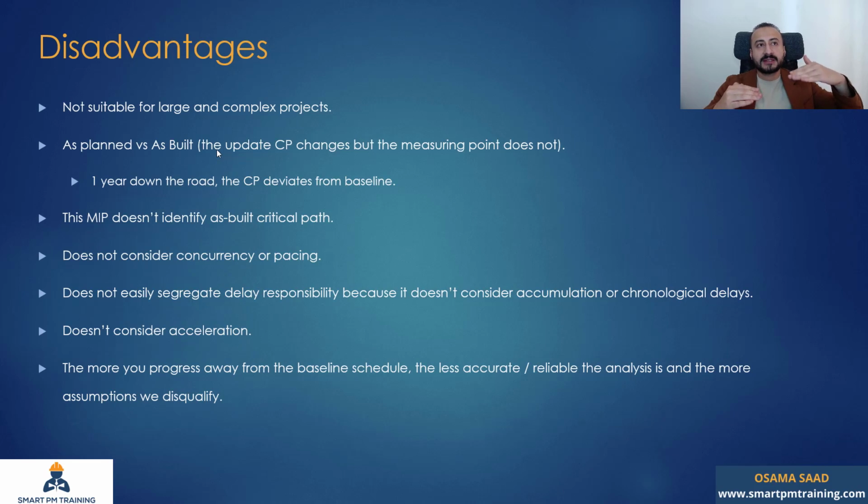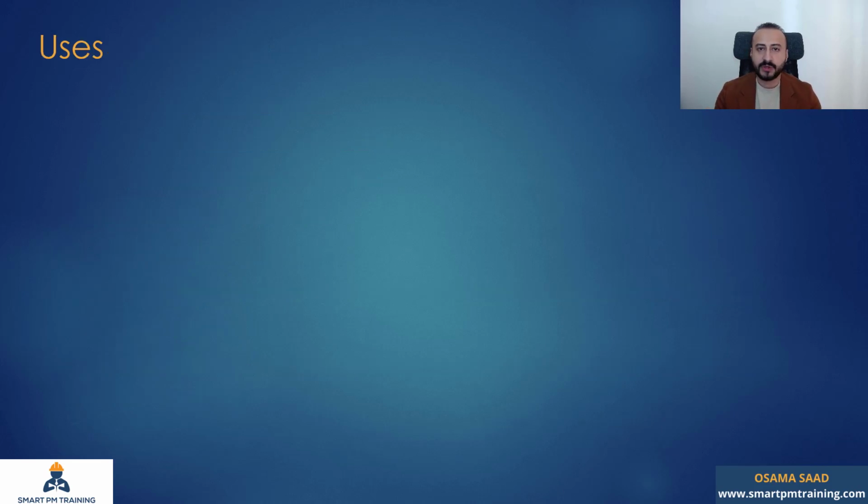Or maybe in the actual situation, you can start both activities overlapping, which should have been start to start, but in your baseline, you assume finish to start. So there are many assumptions that we will disqualify the more we progress away from the baseline. The as-planned versus as-built 3.1 does not consider that because you are still comparing everything against the baseline, with all the assumptions and everything else.